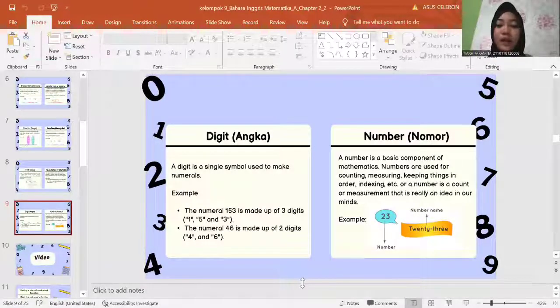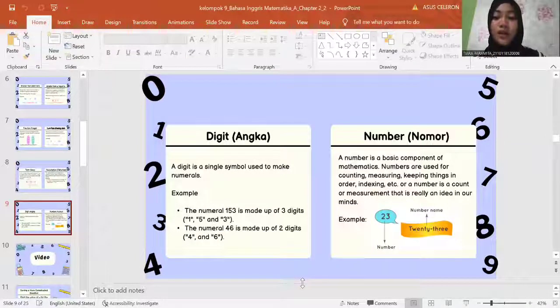Next, number. A number is a basic component of mathematics. Numbers are used for counting, measuring, keeping things in order, and indexing. Example, 23. The number name is 23. 23 is a number.